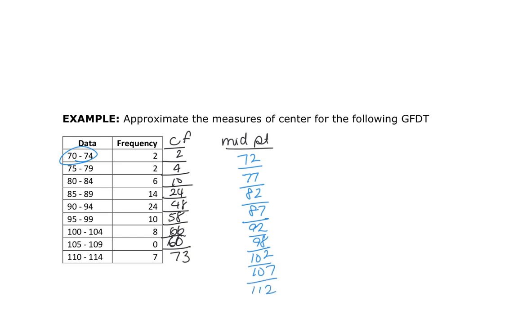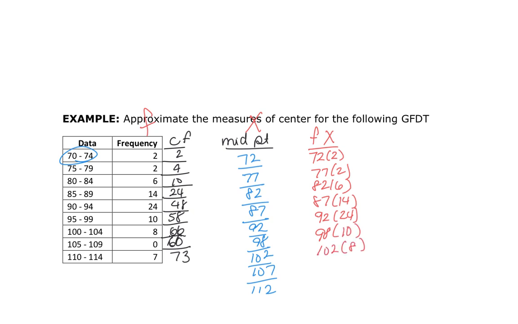Okay, my F times X. Now this is my X and this is my F. So the first would be 72 times 2, then 77 times 2, then 82 times 6, then 87 times 14, 92 times 24, 98 multiplied by 10, 102 multiplied by 8, 107 multiplied by 0, and then 112 multiplied by 7.